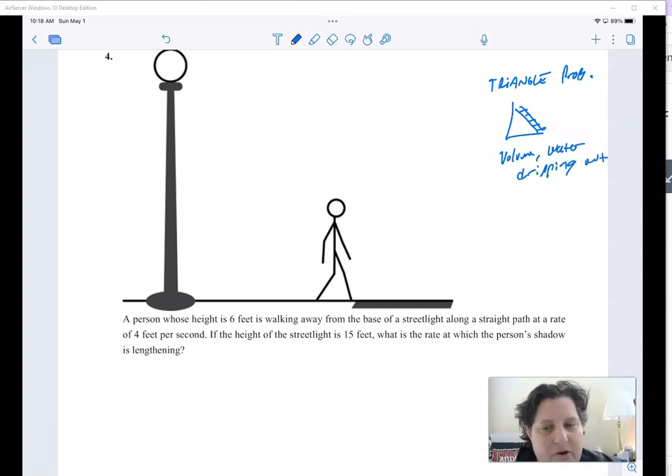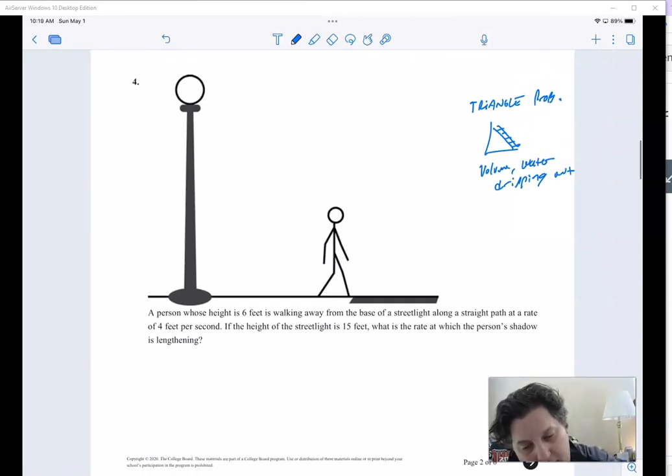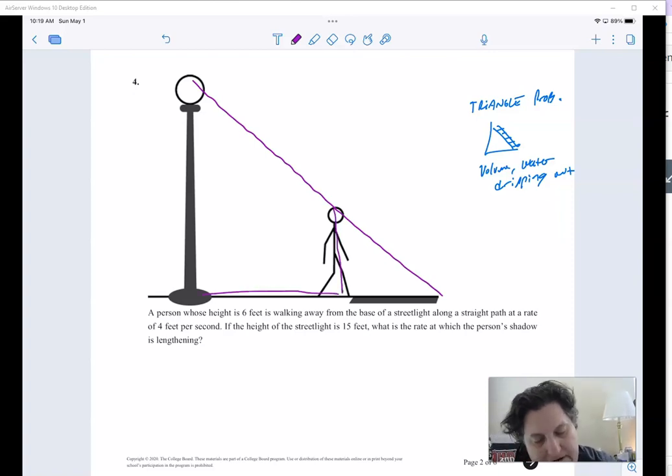All those types of problems, we have to remember related rates. This is kind of a weird related rate question, but when I see this, I know I'm working with triangles, and I want to make these similar triangles right here. You guys see those two similar triangles because they're both right angles?